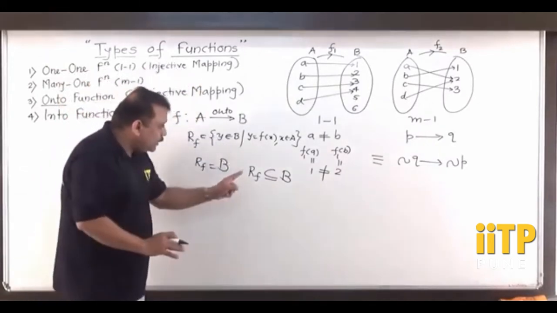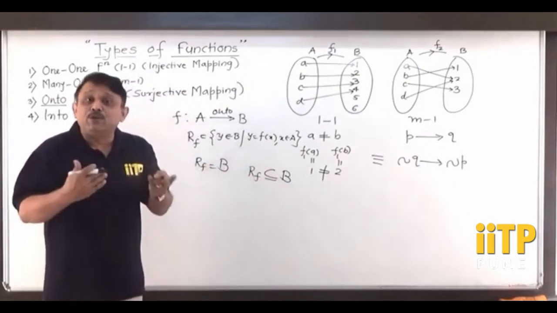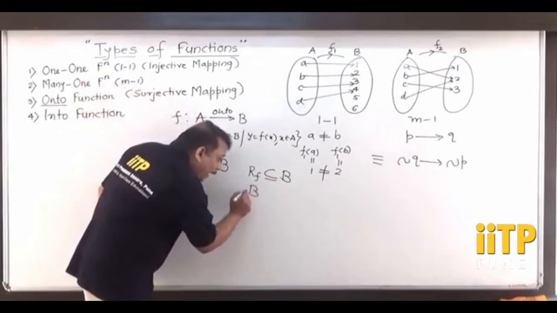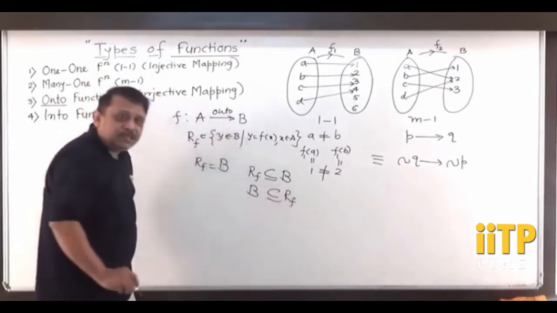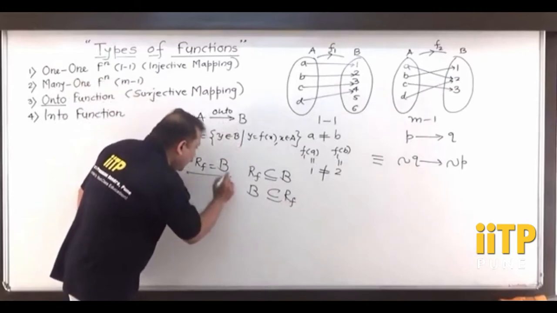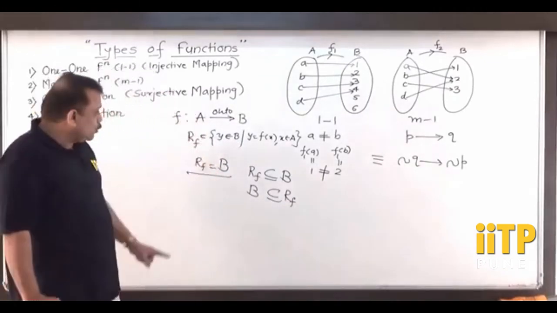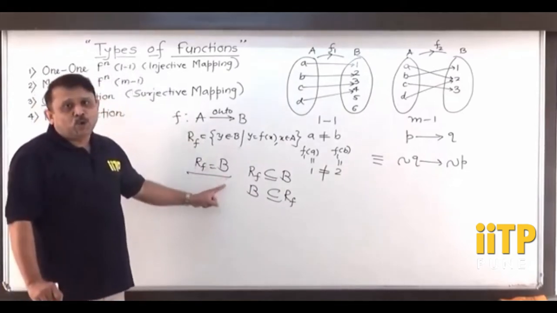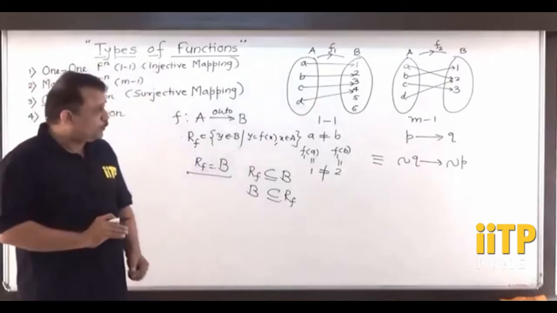By default, the range of the function is a subset of B. So if I could show that codomain B is also a subset of the range of the function, I would have shown that the range is the same as the codomain. So whenever range is equal to codomain, we say that the function is onto.